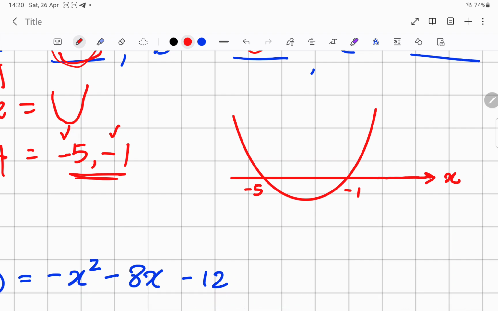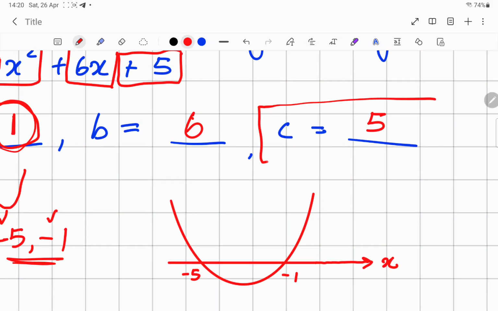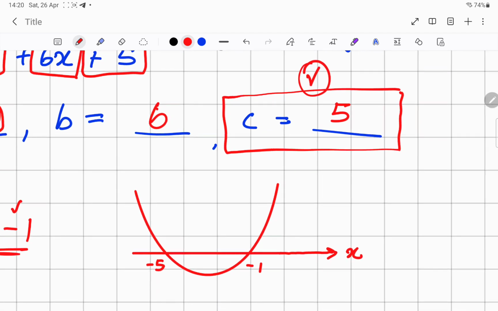Then you need to know what the y-intercept is. The y-intercept is this value, C, which is 5. Now where should you position the y-axis? Look, this is -1, this is -5, so 0 should be somewhere here.